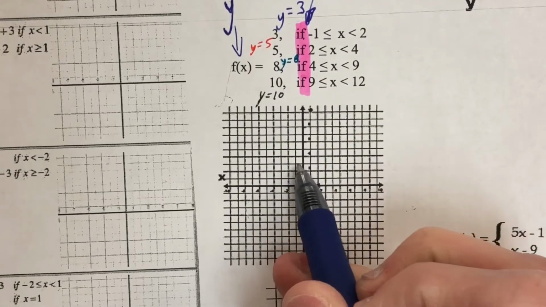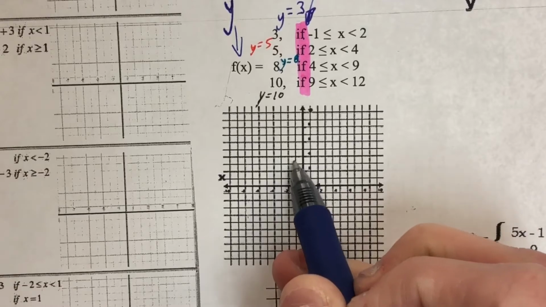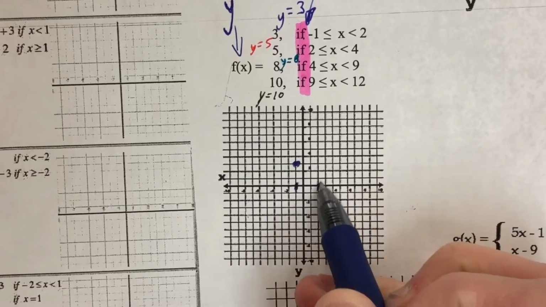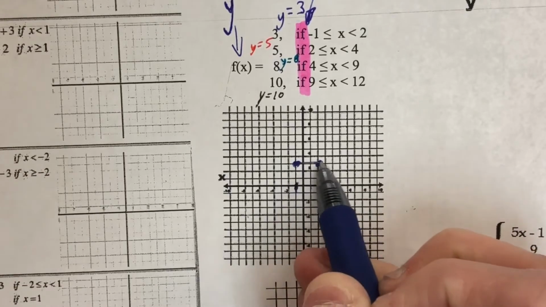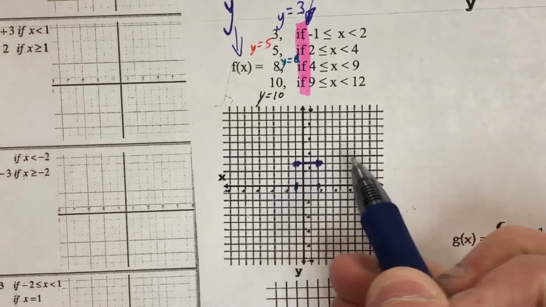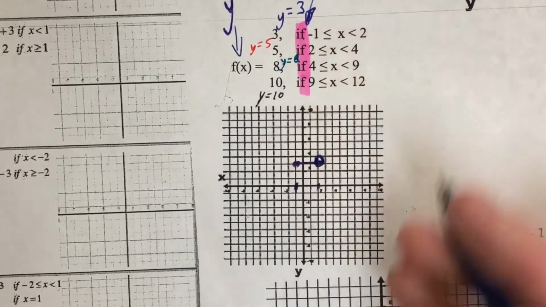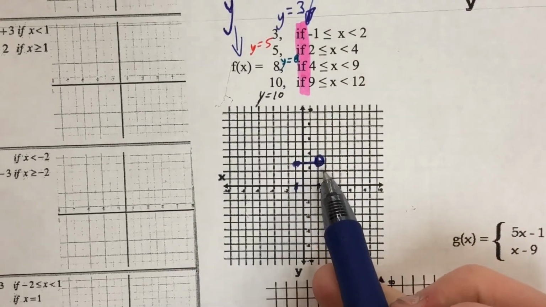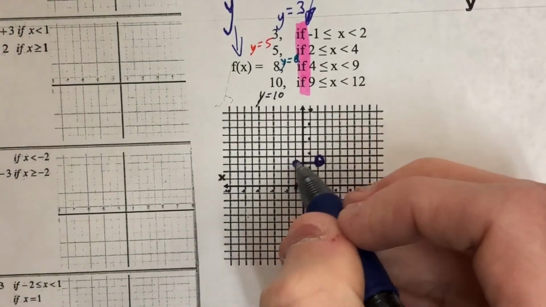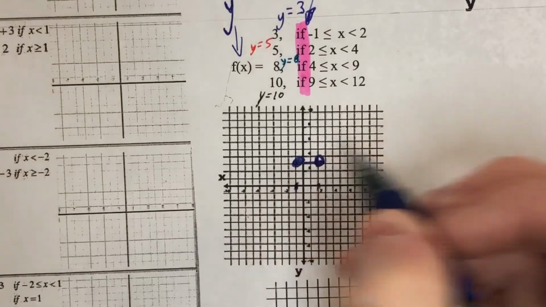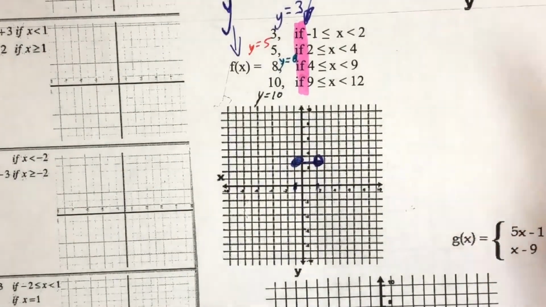So it's gonna start here, closed, and go to +2. Also, ooh, I messed up. That should be open, guys. I'm gonna make it open. I'll make this one real big, and that way it doesn't look too bad, I guess.